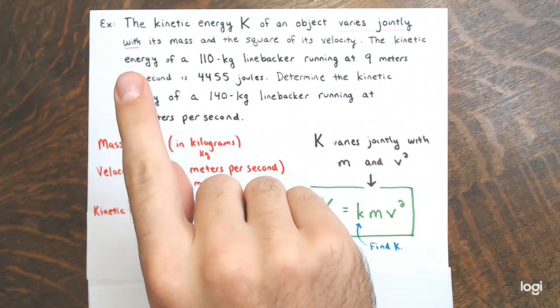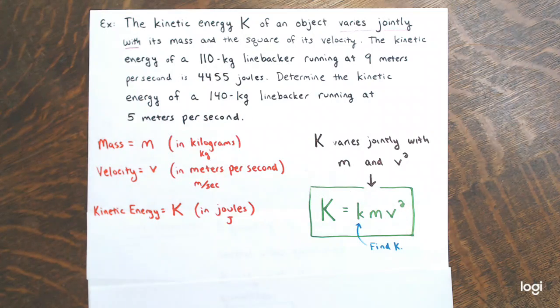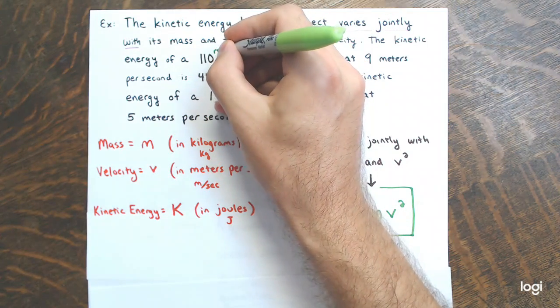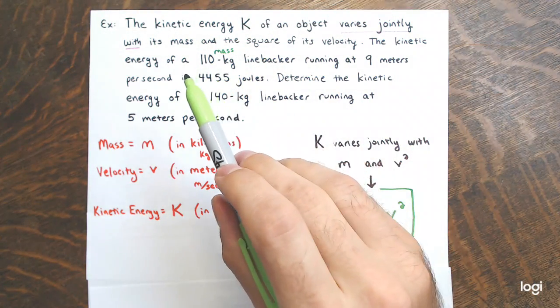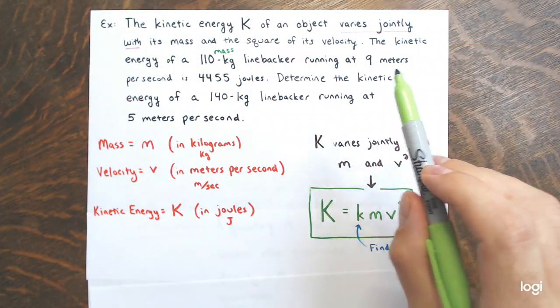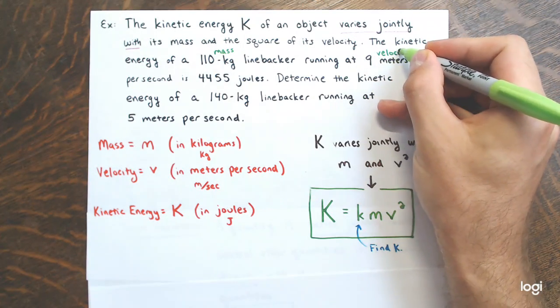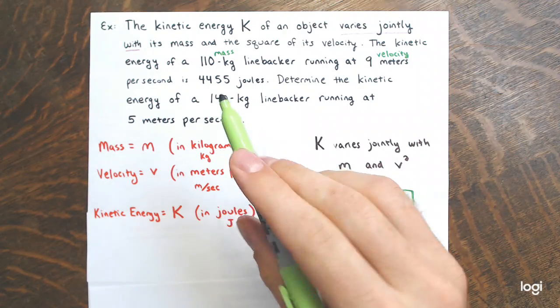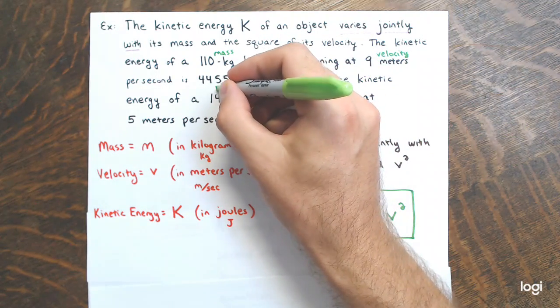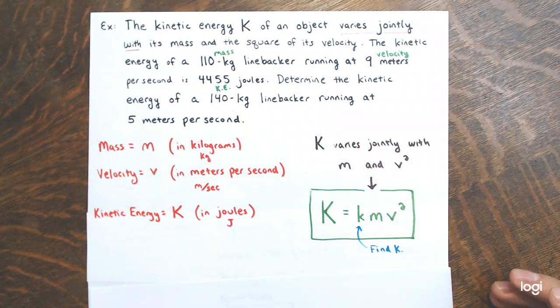They're saying the kinetic energy of a 110 kilogram linebacker, so that's mass, in kilograms, running at 9 meters per second, that is velocity, is 4,455 joules. That's the kinetic energy, the capital K.